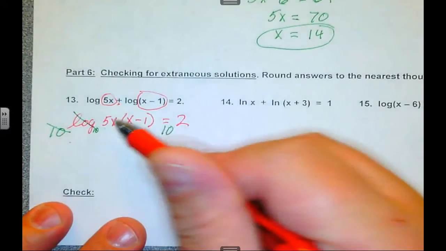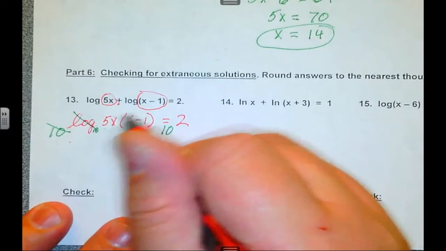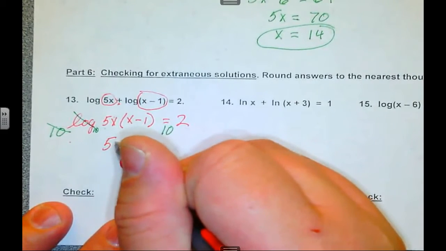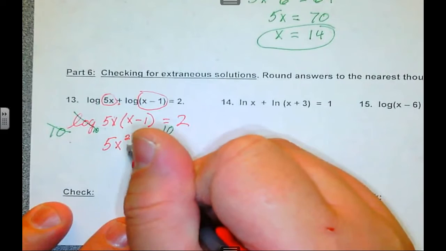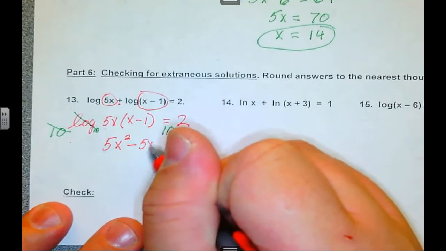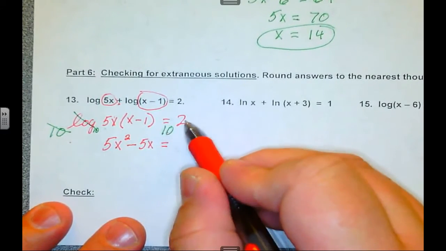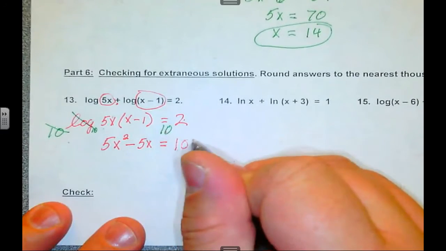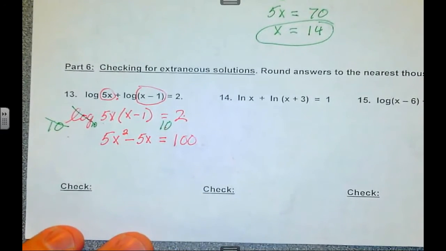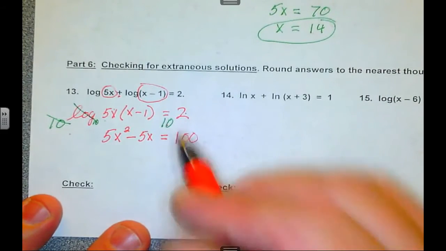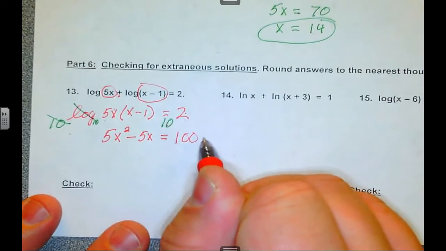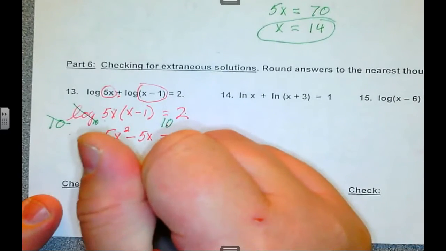I'm going to go ahead and distribute it at the same time. 5x times x, 5x squared. 5x times minus 1 is minus 5x. 10 squared is 100. Look what we have. We have a quadratic. I'm going to subtract 100.